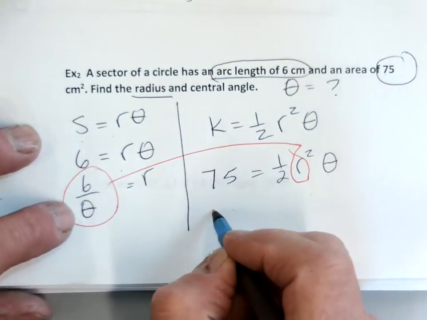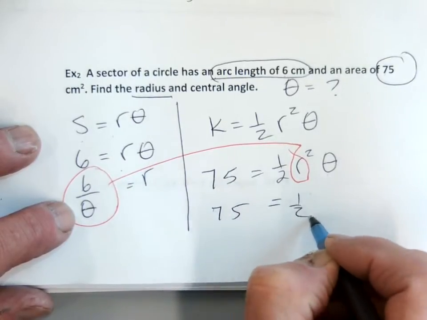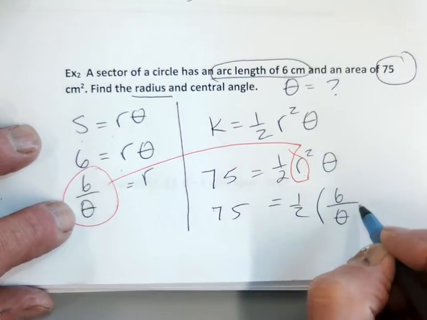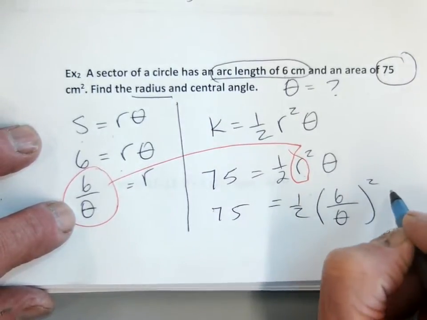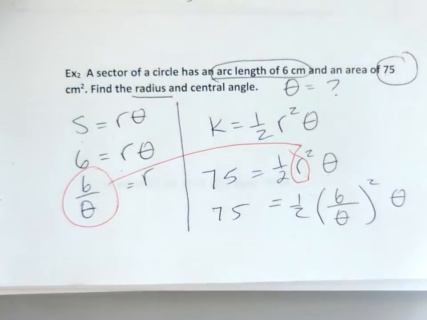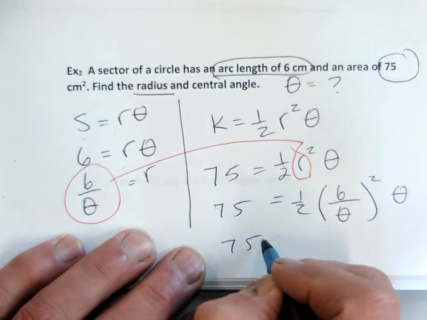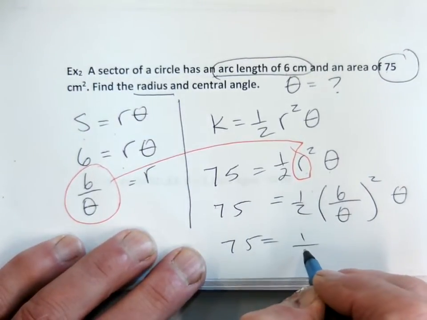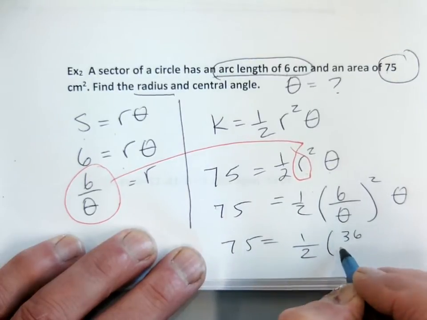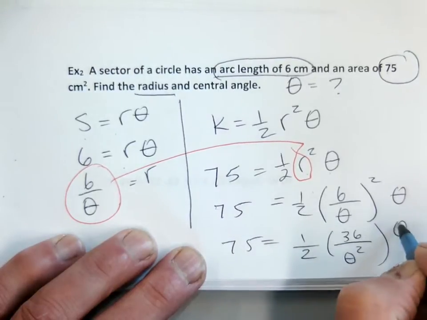So I'll have 75 equals 1/2, substitute 6 over theta, squared, times theta. Or I'll have 75 equals 1/2 times 36 over theta squared times theta.